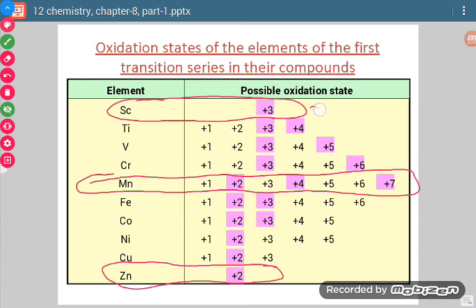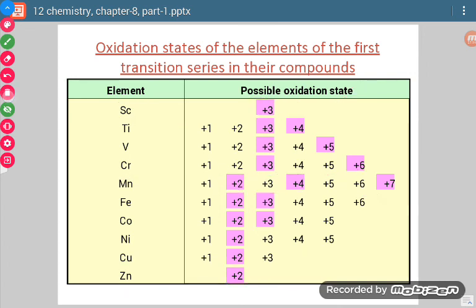Because in scandium the number of valence electrons is only 3, and in zinc the d orbital is fully filled, so it can lose only 2 electrons so that the form it acquires is again stable. So this is the trend of the different oxidation states of all the transition elements. This is because of the involvement of both the electrons available in the (n-1)d and ns orbitals.